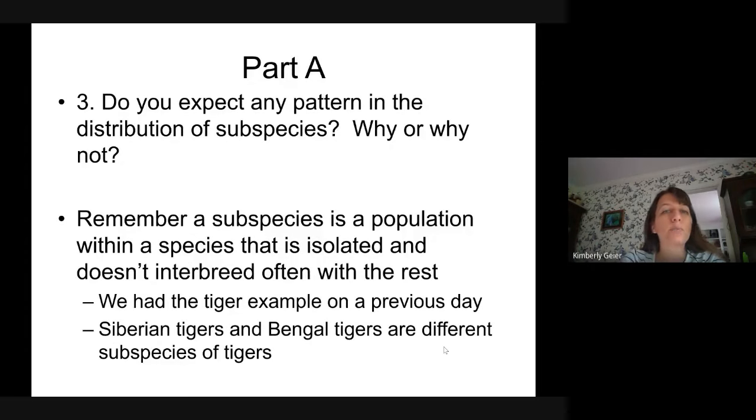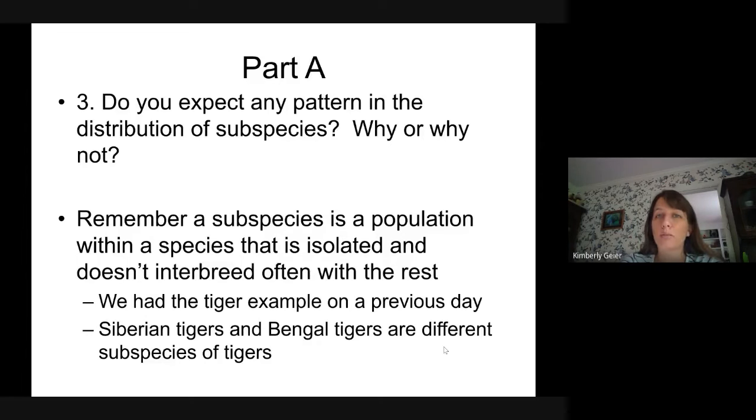Now, we've got some subspecies of salamanders in California. Do we expect any pattern in the distribution of subspecies? Why or why not? Now remember, a subspecies is a population within a species that's isolated and doesn't interbreed often with the rest.